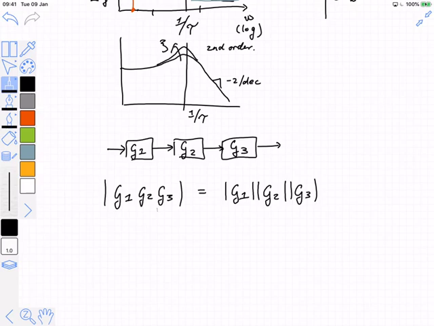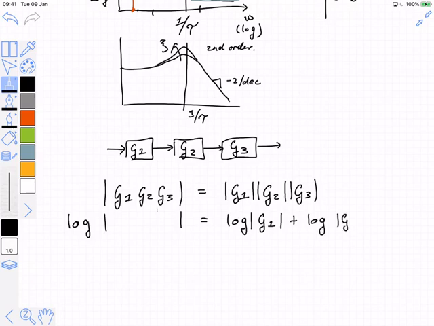So that's not very useful unless you realize that we are often going to plot these things on log axes. And then it becomes really useful because of log rules. So you'll remember this product log rule, which says if I take the log of a product, the answer is the same as the sum of the logarithms of the separate items.